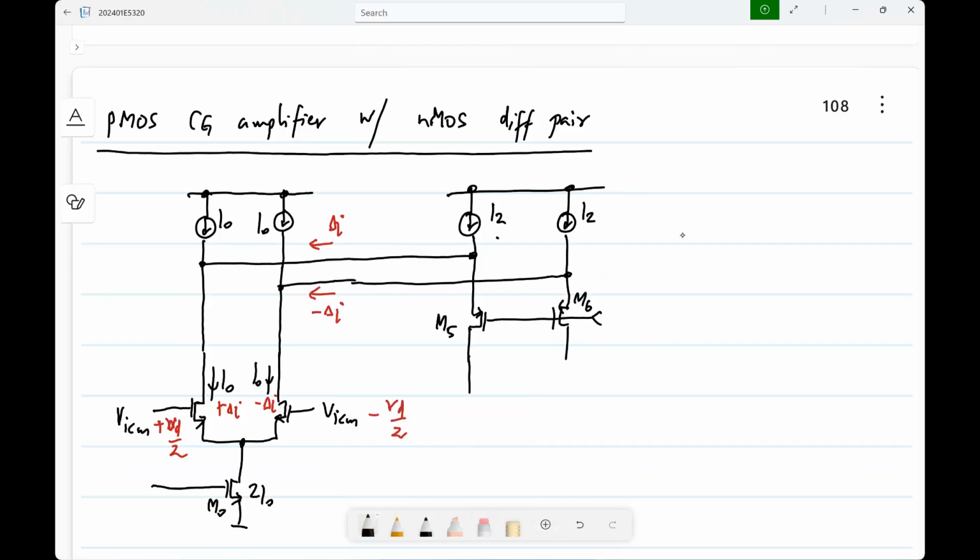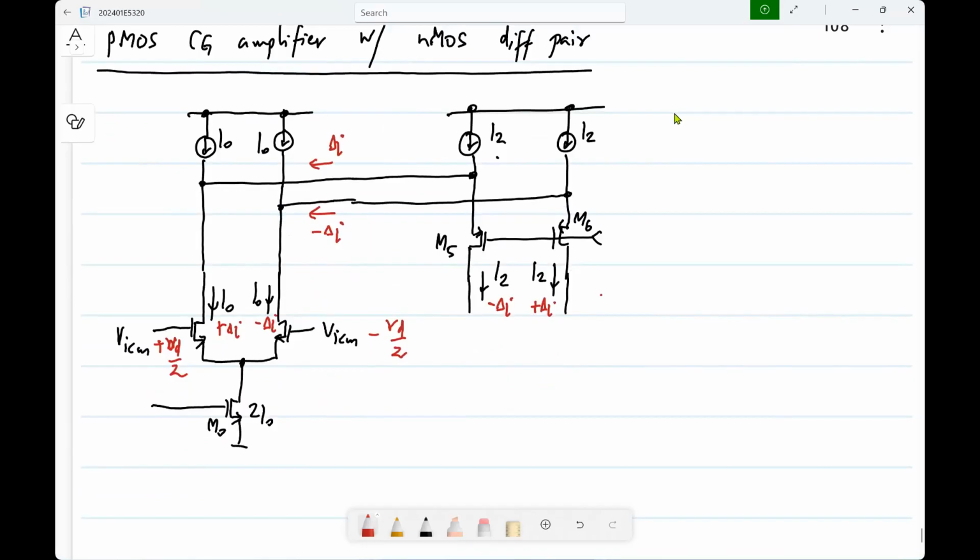So what is the operating point current in M5, M6? I2. And what is the incremental current? In M5 in this direction, minus delta I, and here plus delta I. What do I do next? What did I have there?